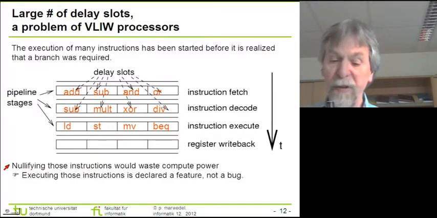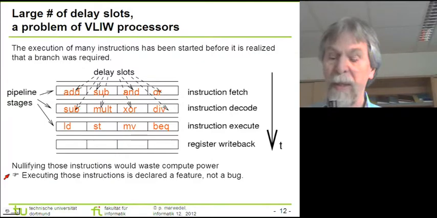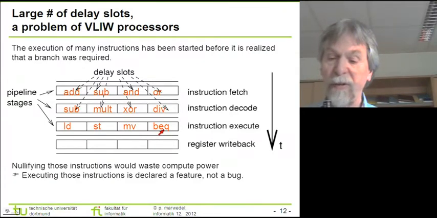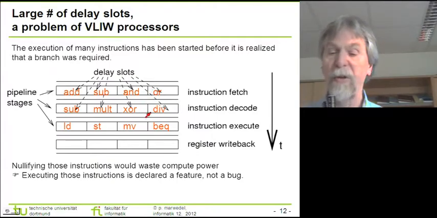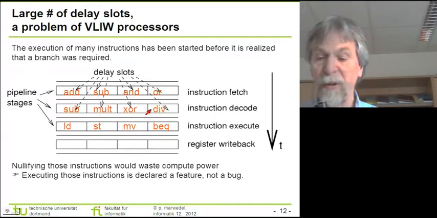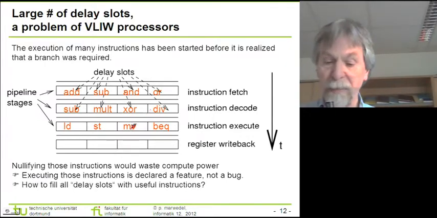Rather, we decide to declare the execution of all these instructions to be a feature rather than a bug. That means that even though this is the conditional branch instruction, and even though we might branch away from this stream of instructions, we declare the execution of all these instructions to be a feature, and the possible slots for all these instructions are called delay slots.